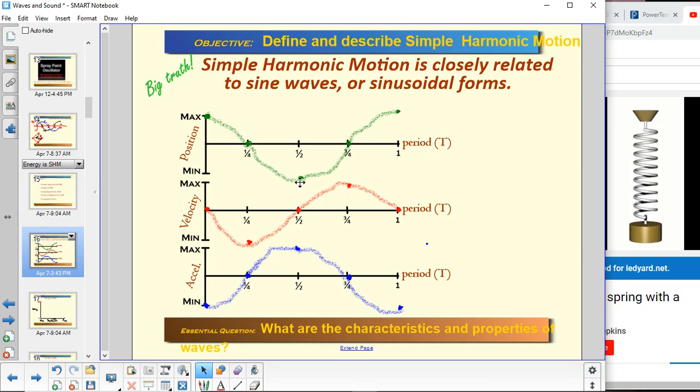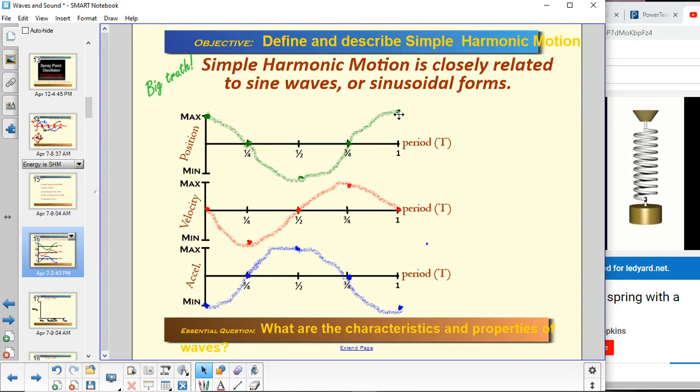Now, when we get to the bottom of the cycle, the weight is as low as it can go. The slope of the position graph, again, is level, and the velocity graph passes through 0. We come over here to 3/4 of the cycle. Now the position graph has a max positive slope, and the velocity graph has a max positive value.